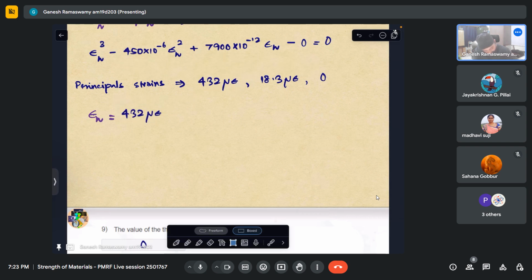Epsilon 2 will be this, and epsilon 3 is 0. So we have derived all the three principal strains for this state of strain.